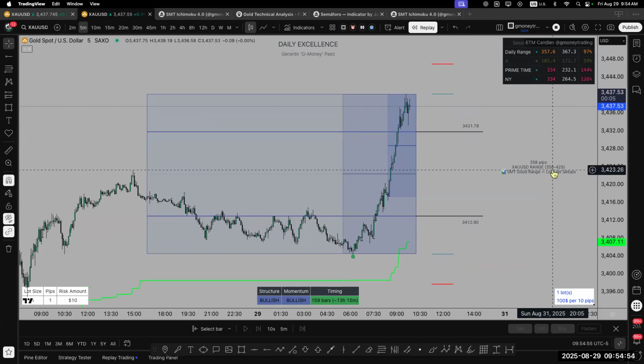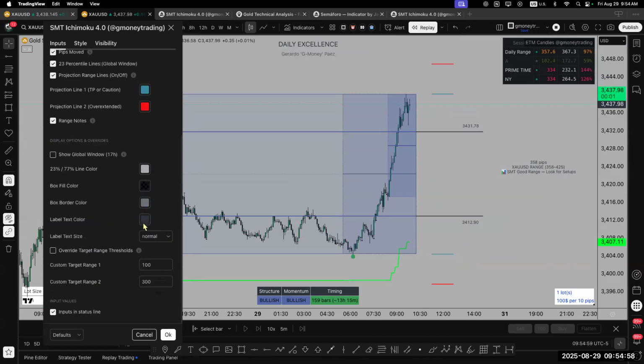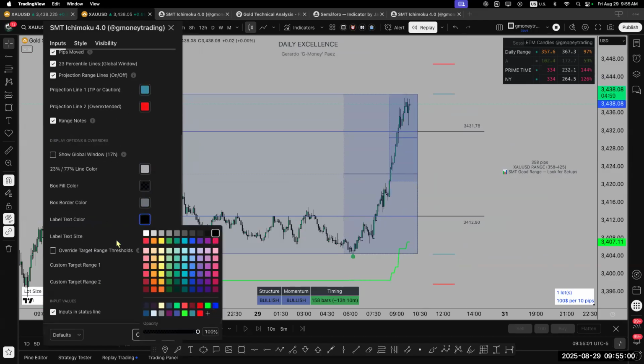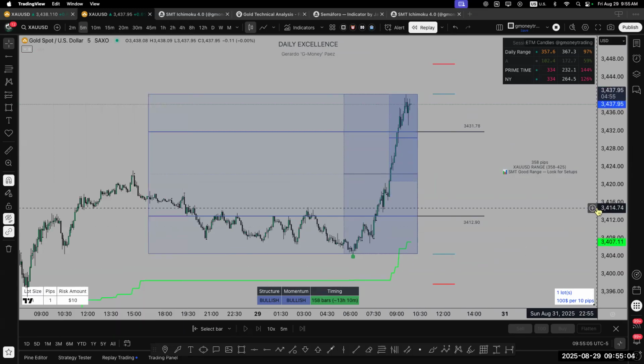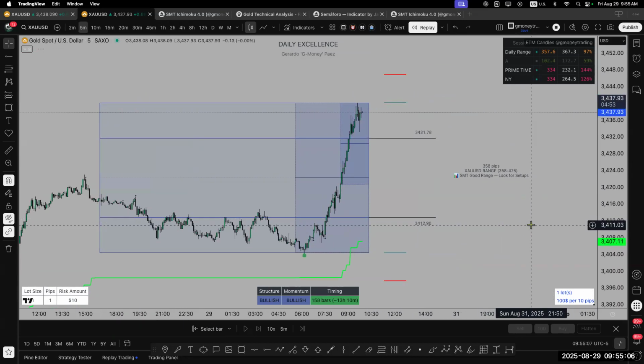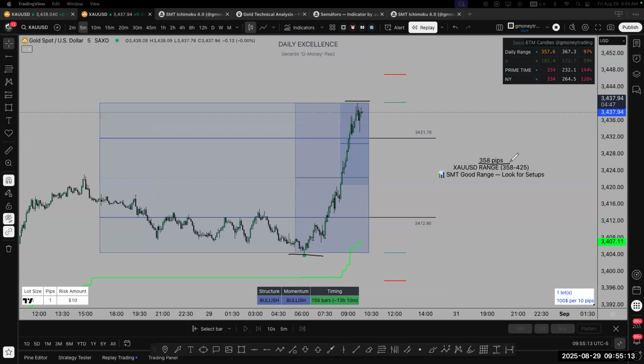I have a range, a mathematical range. Let me make this a little bit bigger for you guys and give you a better color. There it is. So see, the current range from low to high is 358 pips. That's the current range.